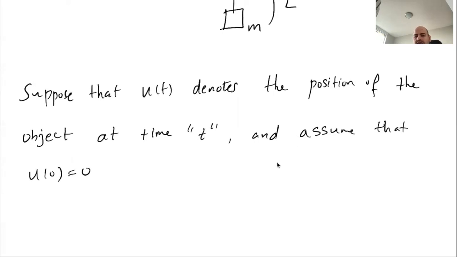So at time t equals 0, we assume that the mass is at u equals 0, which we can call the equilibrium position.